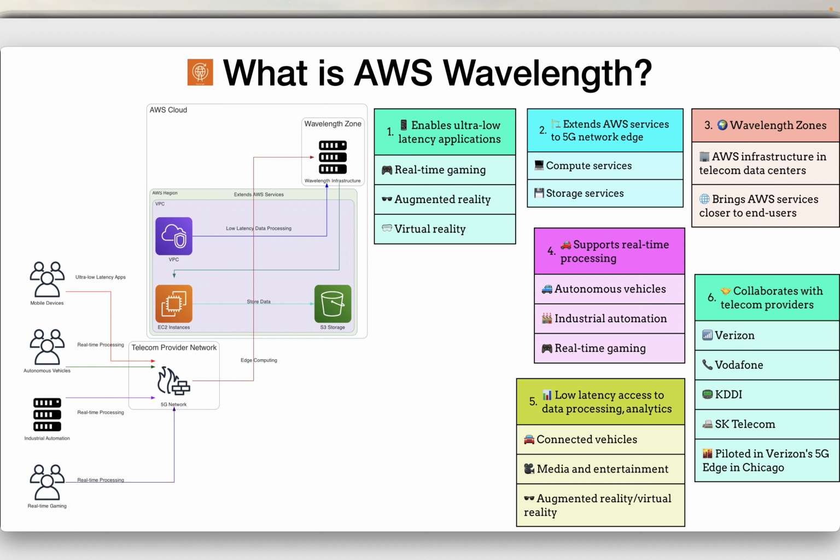As soon as the phone or device goes out of the 5G network, it will be arriving at the AWS regions or AWS services. So this is basically AWS working alongside these telecom providers to provide low latency and a faster network.